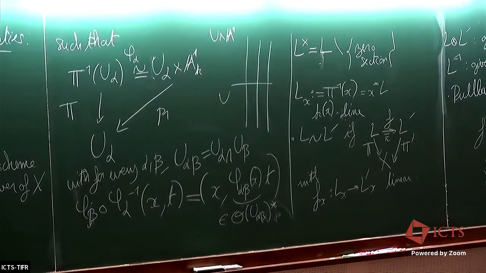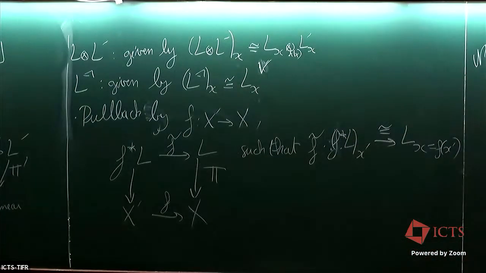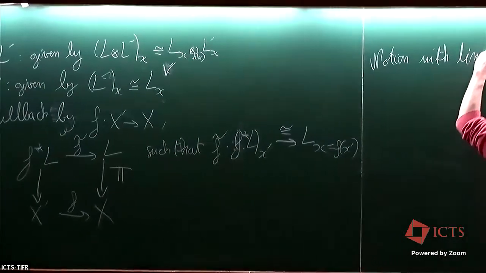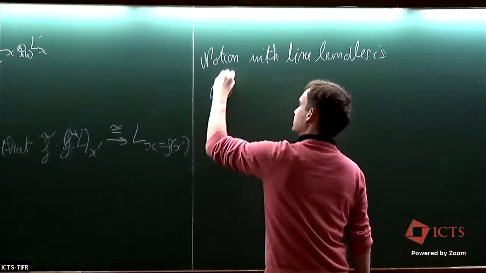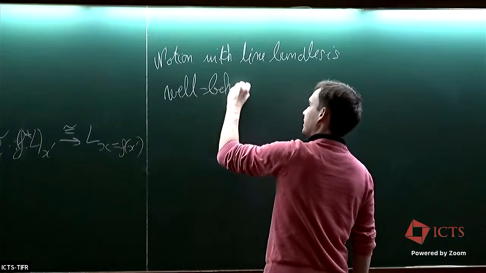And because of this notion, so you have tensor product, inverse, pullback, many things you want, the first question you want to ask about line bundles is, okay, when I define something else, does it work well with these notions? So the general answer I can give in this talk is yes, but I will not have time in the next hour to give details. In the notes, they are here. So I'll just say that the notion with line bundles is well behaved.